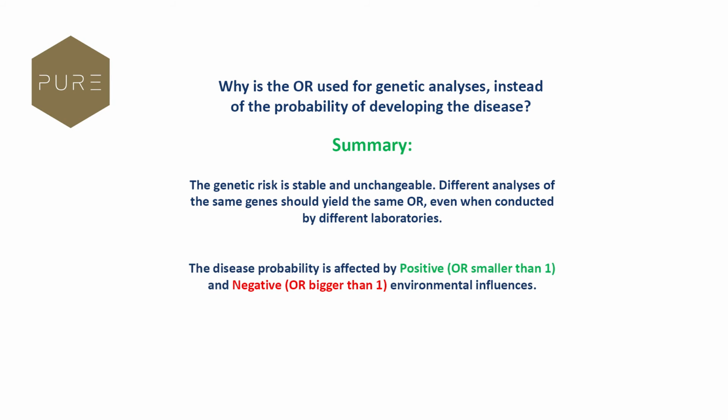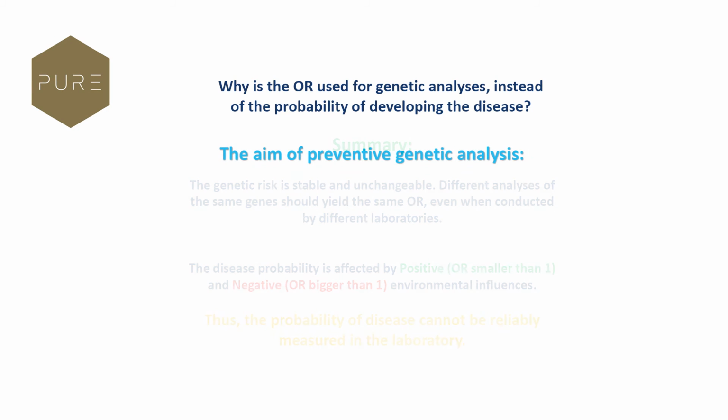The disease probability is affected by positive or negative environmental influences, so you can increase the risk even more or reduce it. And thus the probability of disease cannot be reliably measured in a laboratory, because we don't know whether the person drinks alcohol or drinks coffee when they have an Alzheimer's disease risk.